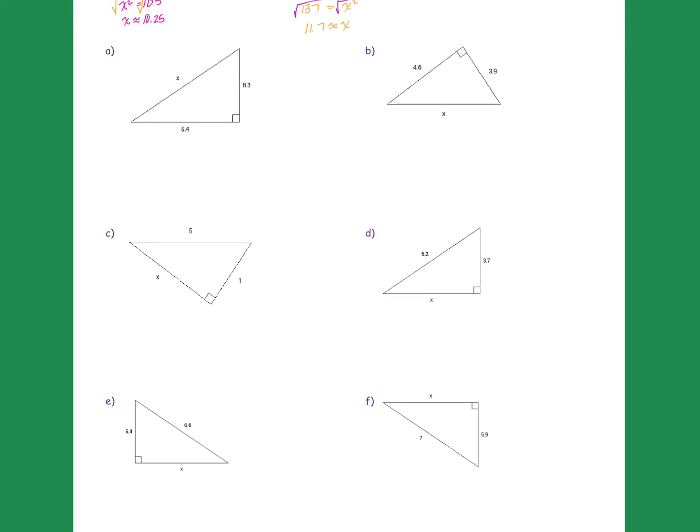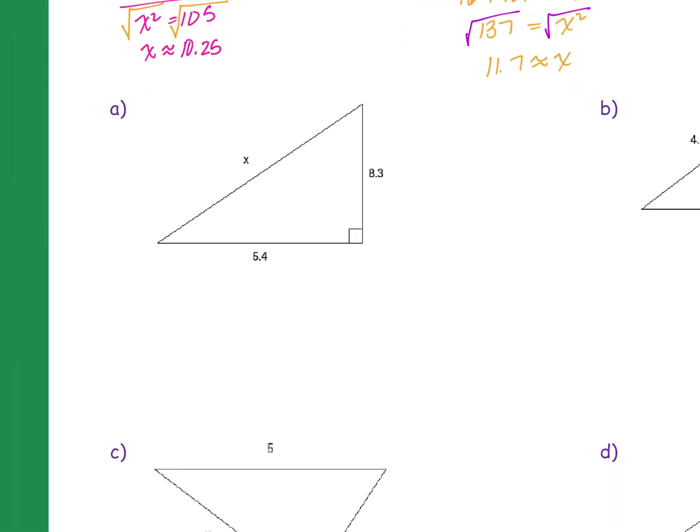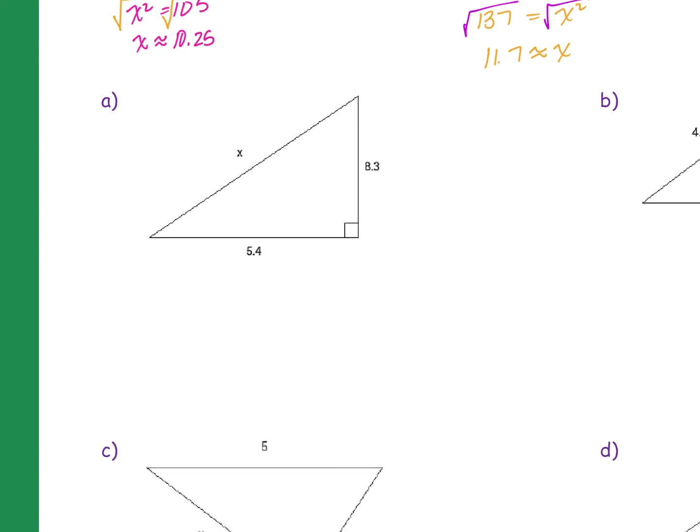There's 6 problems. So if I'm on A, I got the hypotenuse. It says 5.4 squared plus 8.3 squared equals x squared.